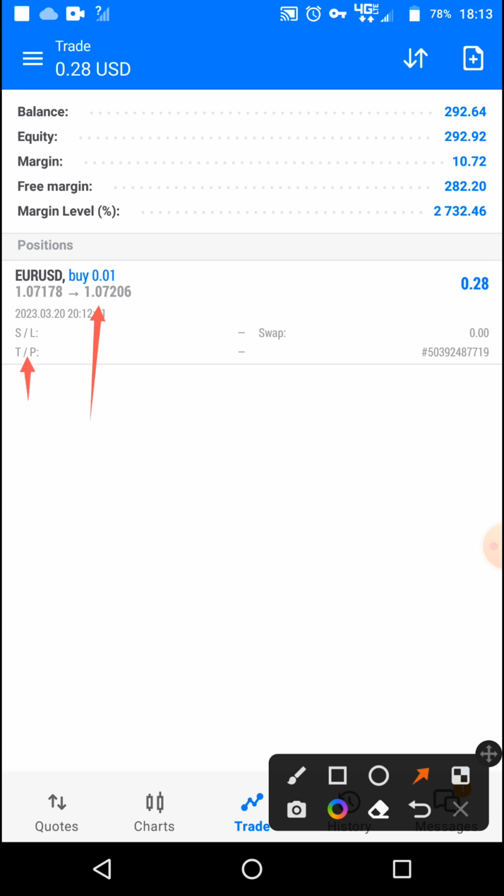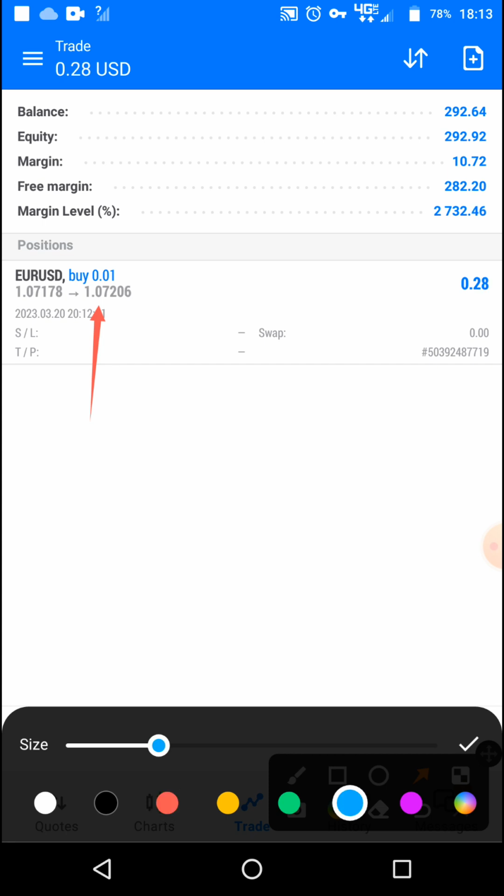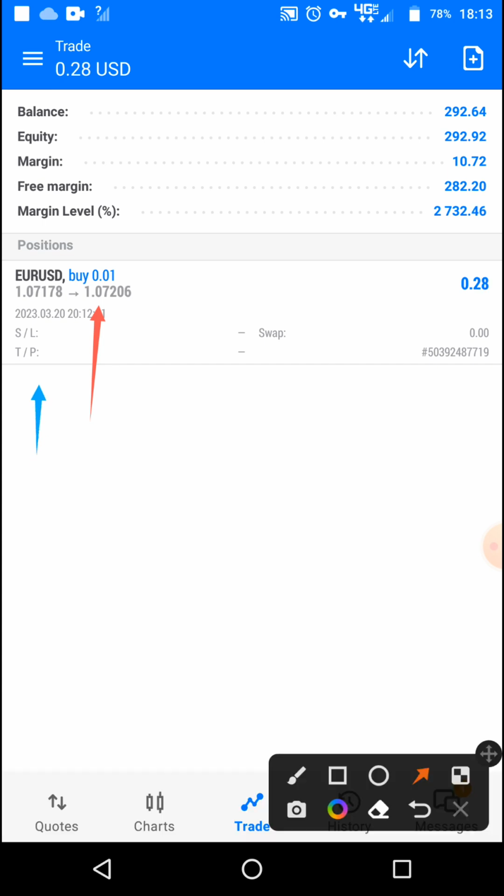This is my price, and the red one is the market price. Right now the market price is rising, but I bought it when the market was low. So if I were to sell right now, I'd be selling at the market price. Don't get confused.